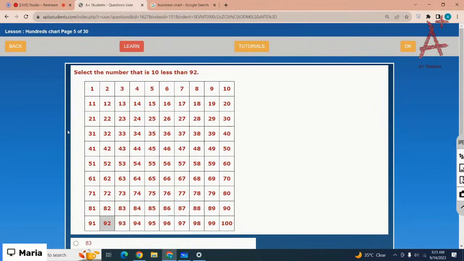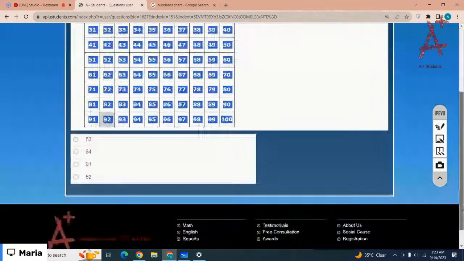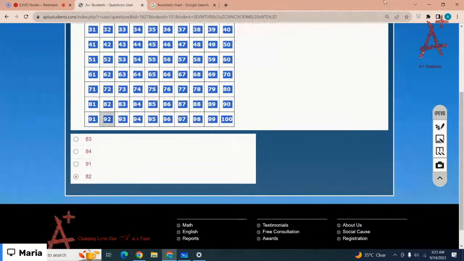When you go up one square, that would be 82. So 10 less than 92 is 82. The correct option is 82.